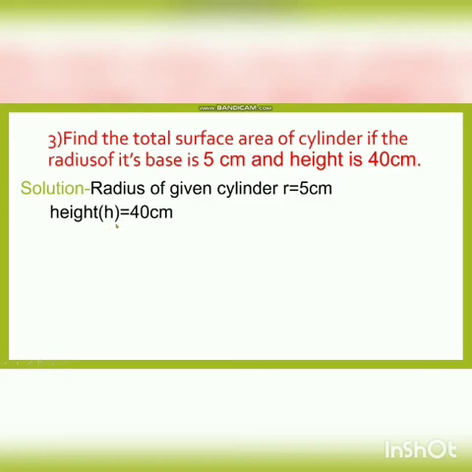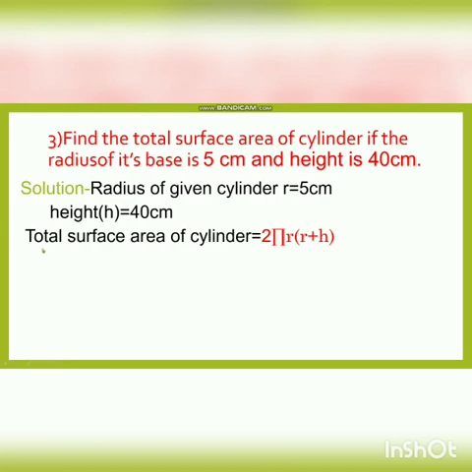Total surface area of cylinder is equal to 2 pi r (r plus h). Now put the value of radius and height, which is 5 and 40.